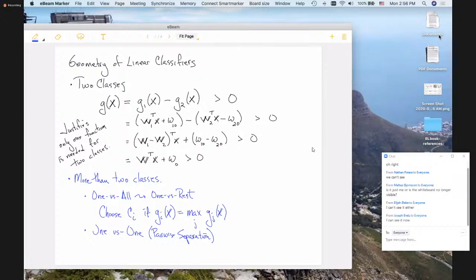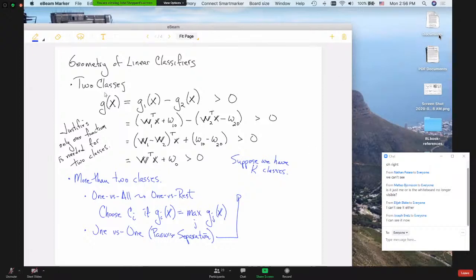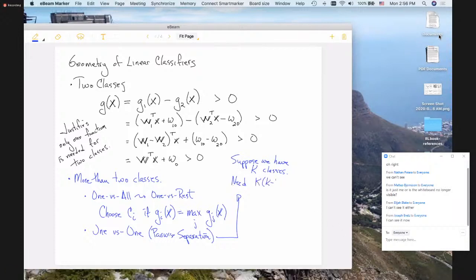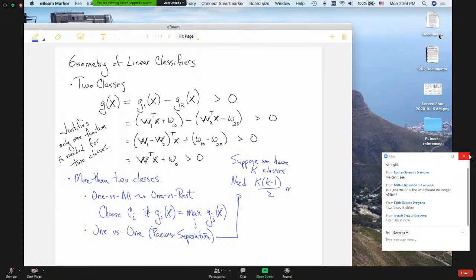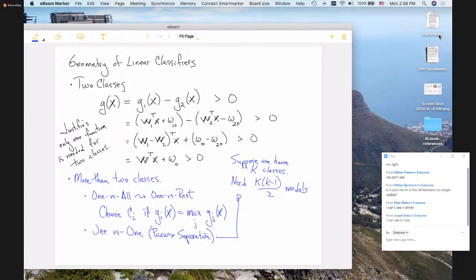Now, that can get expensive depending on how many classes you're dealing with. So suppose we have k classes. In the one versus rest method, we only have to learn k models. In this case, however, we need k times k minus 1 over 2 models because of all of the pairwise combinations.